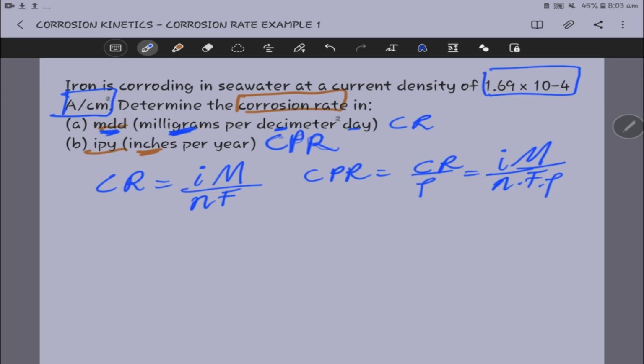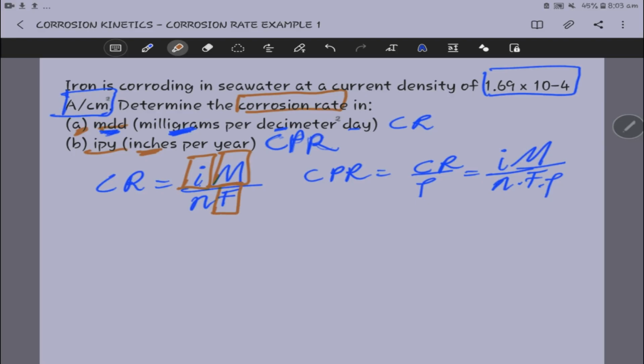Okay. So we know that there's current density here, and something concerning length in centimeters, meaning you have to convert it. So some conversion has to be done, and we are starting with A. For the molecular mass, given in grams per mole, some conversion has to be done because we have to change it to milligrams. Number of electrons is just a number.